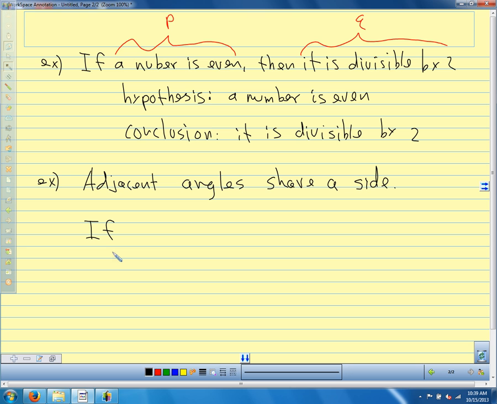What do I want to write after my if? Anything like if angles are adjacent, or if the angles are adjacent. And then we're going to write then. And what comes after then? They share a side.